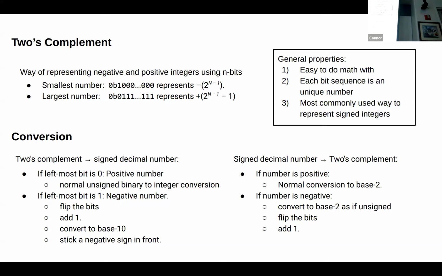For the signed representation, is there always one more of a positive number than negative number? I forgot. There's zero, and then there's negative numbers and positive numbers, so excluding zero from the positive. Is there one more of the positive or one more of the negative?